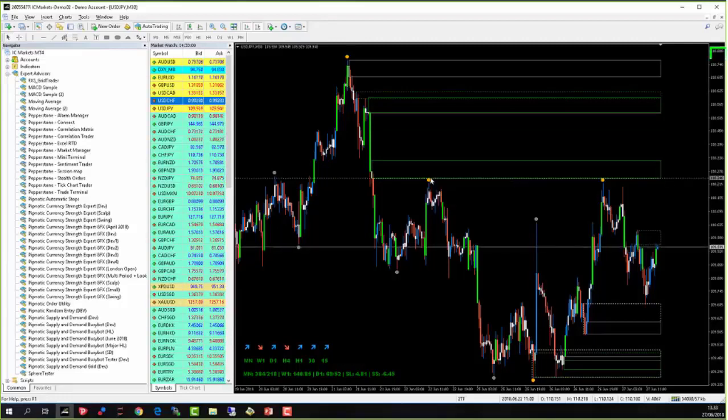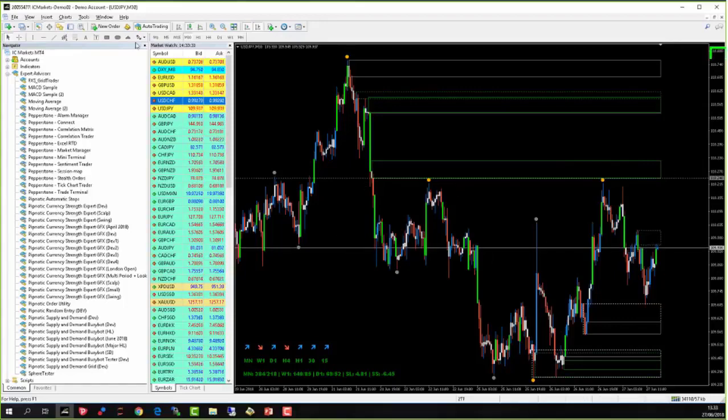Note that it hasn't gotten entirely to it yet. We're still about 2 or 3 pips short of the zone itself. We're just reacting on the wicks here, and so it's very interesting to see how price reacts. So mark that off and just have a watch when price gets up there, maybe later today.